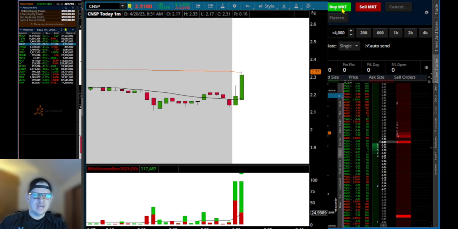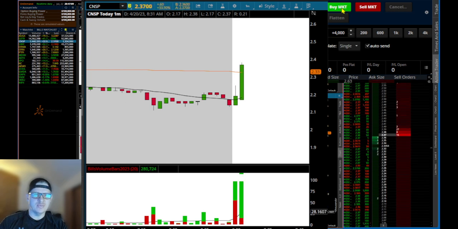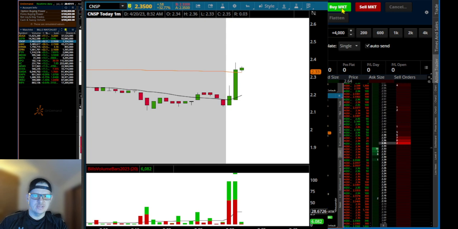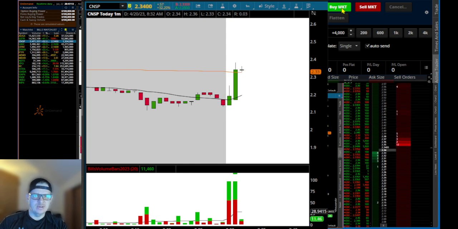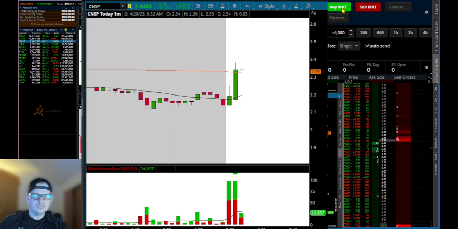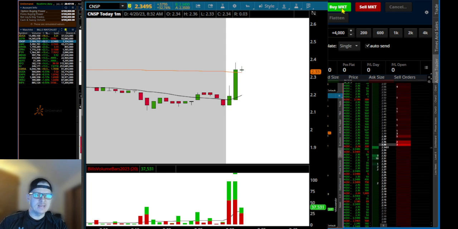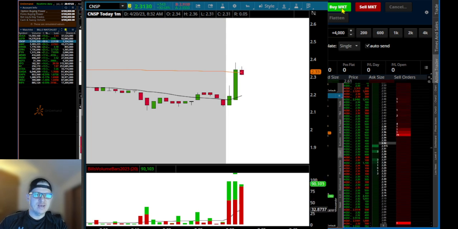And if you can see the top of the wick prior, that's kind of my resistance, that's kind of my support level. Now watch this. As it drops maybe down here, we're going to try to take some advantage. And again, I don't want to buy at the high price. I don't want to buy at the top and then have it flush on me just like it did right there, right?